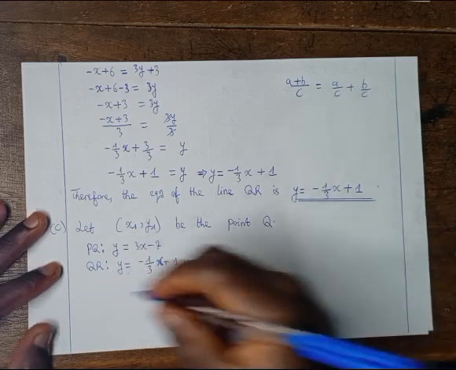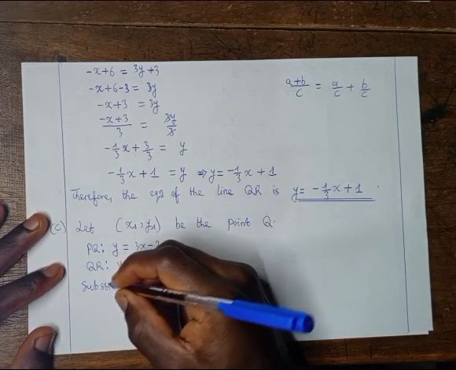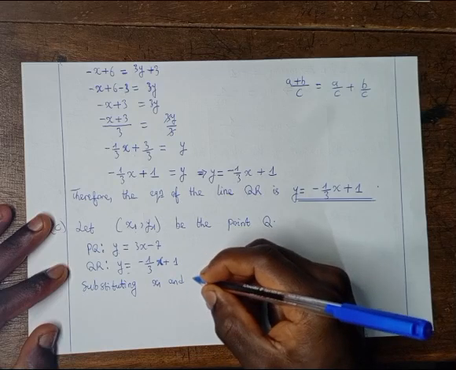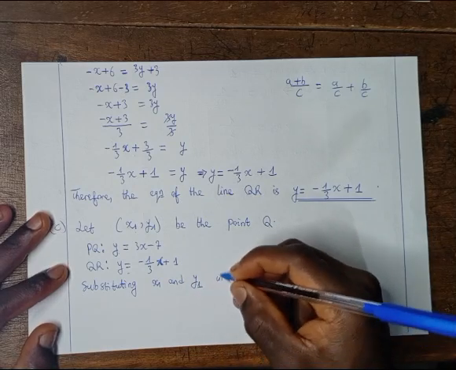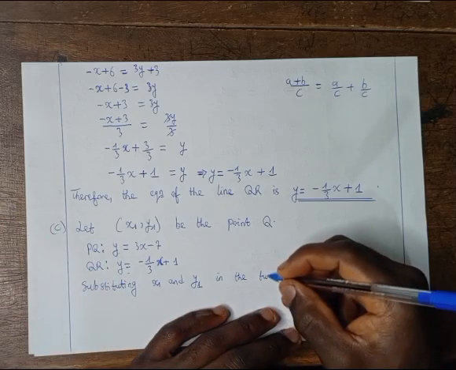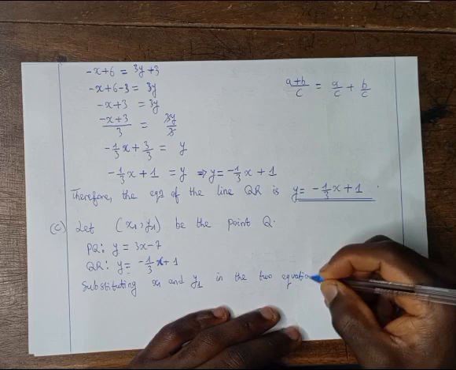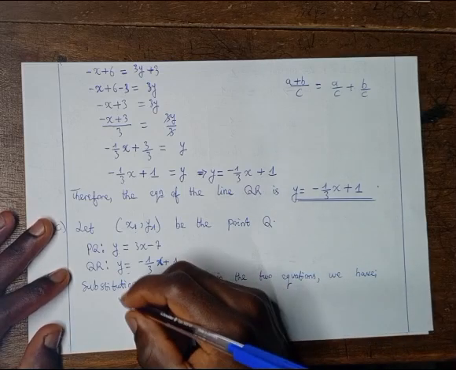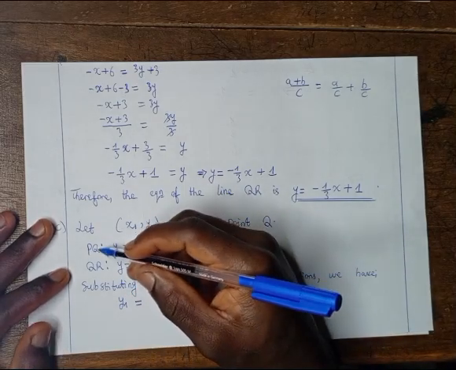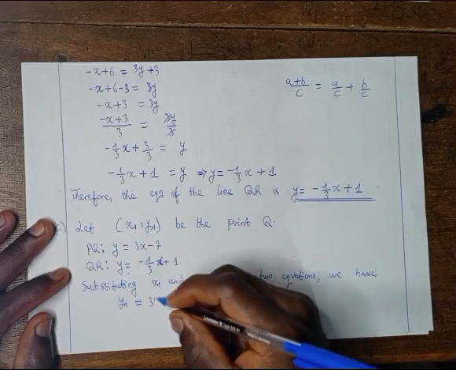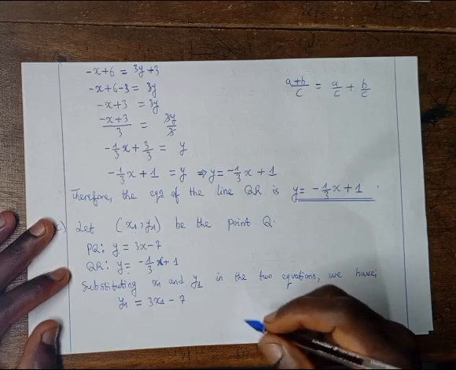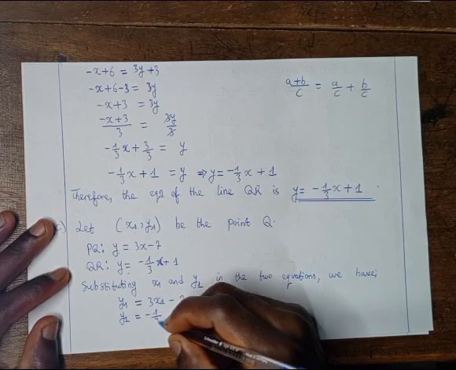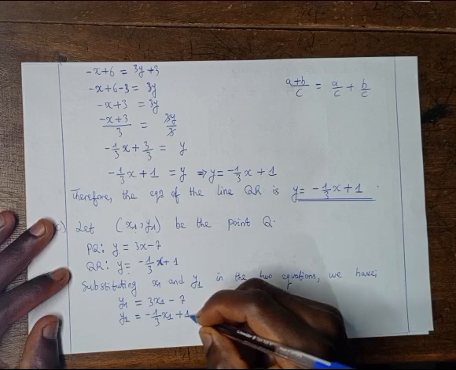If I take the first one, substituting x1 and y1 in the two equations, for the first one, the equation of the line PQ, we are going to obtain y1 equal to 3x1 minus 7, and next we are going to obtain y1 equal to negative 1/3 x1 plus 1.